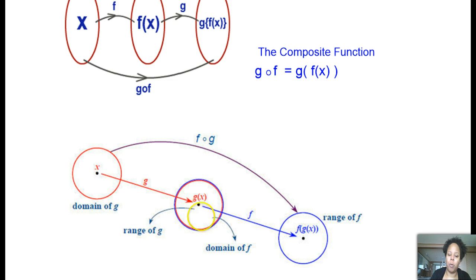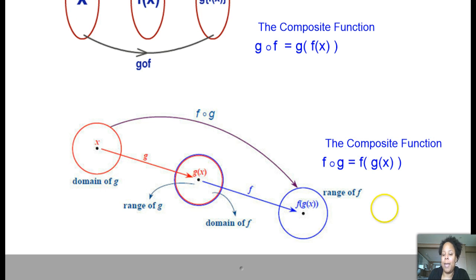And then we're going to take the output values of g that are also in the domain of f, and we're going to put them into f, and the resulting output values will be called f of g of x, or the composite function f of g of x. So now we have a third function, f compose g, or the composite function f and g, such that the inputs of f are the outputs of g of x.